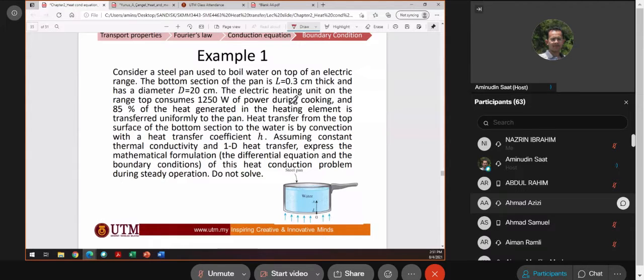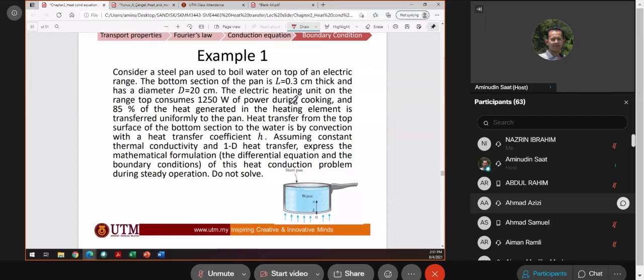The bottom section of the pan is 0.3 centimeter thick, with a diameter of 20 centimeters. You need to identify whether to solve using cylindrical coordinates because the pan is like a cylinder, or to solve it as a simple plain wall problem.